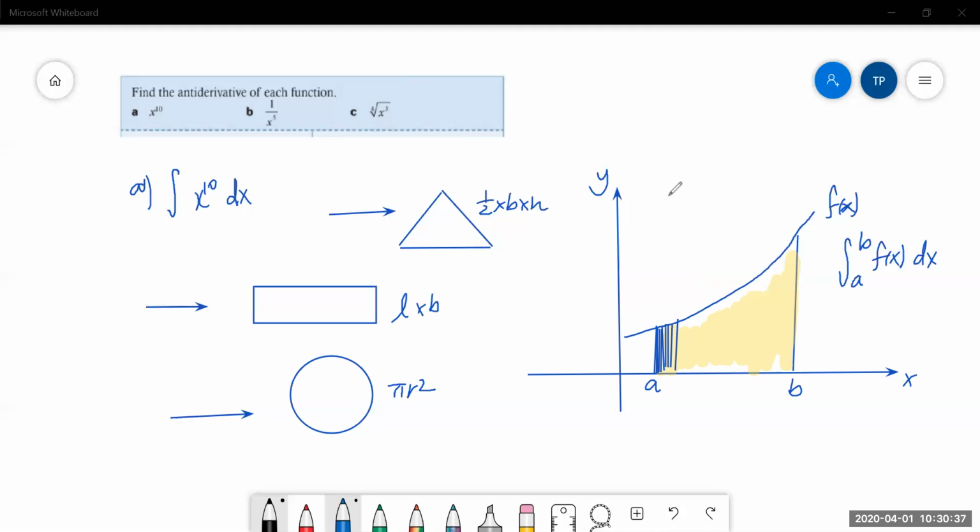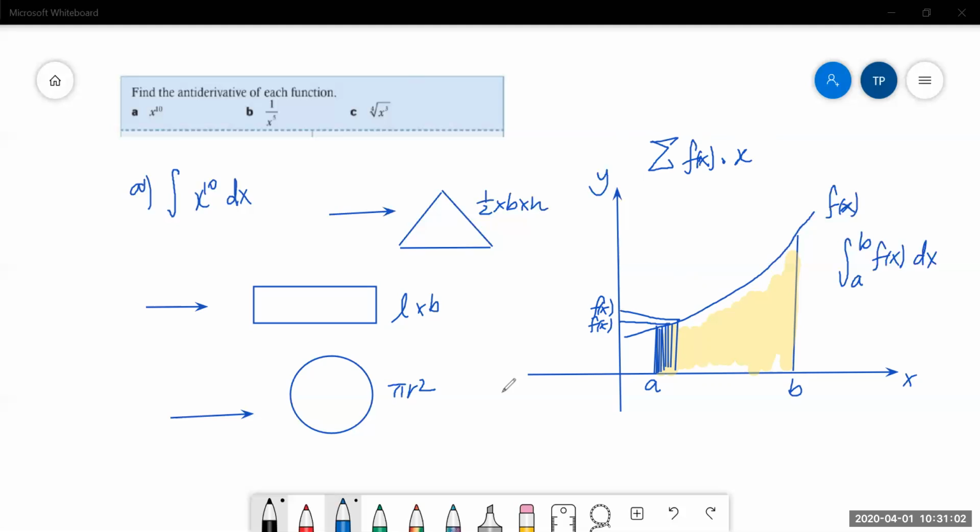So the area of a rectangle is basically f(x), which is the y value, multiplied by its corresponding x value. And they are going to sum this area of rectangles up.